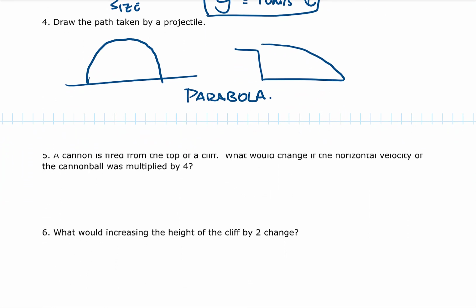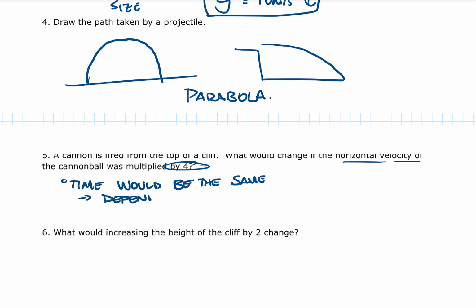Okay, cannon is fired from the top of the cliff. What would change if the horizontal velocity of the cannonball was multiplied by 4? Time would be the same. Time depends on the height of the cliff only.